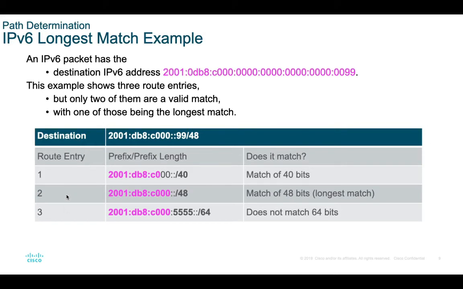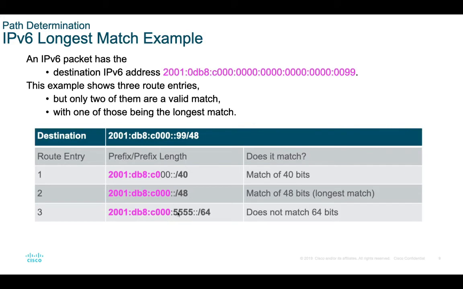And our third entry, 2001:DB8:C000:5555::/64. This network ID has a /64 prefix, which means the first 64 bits are the network ID. So the network ID must be 2001:DB8:C000:5555.